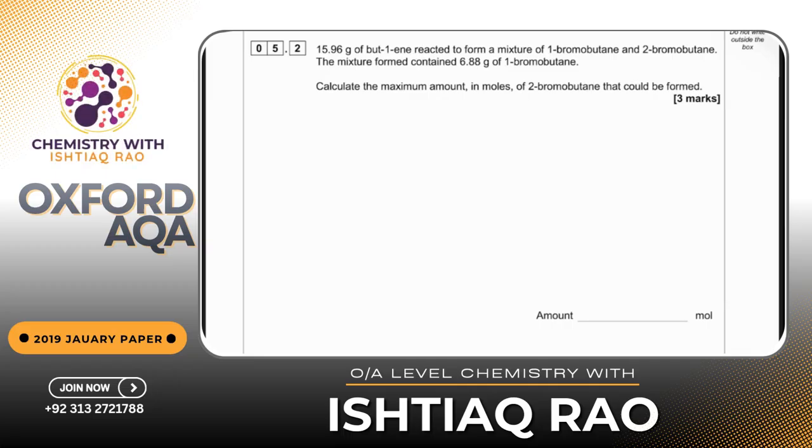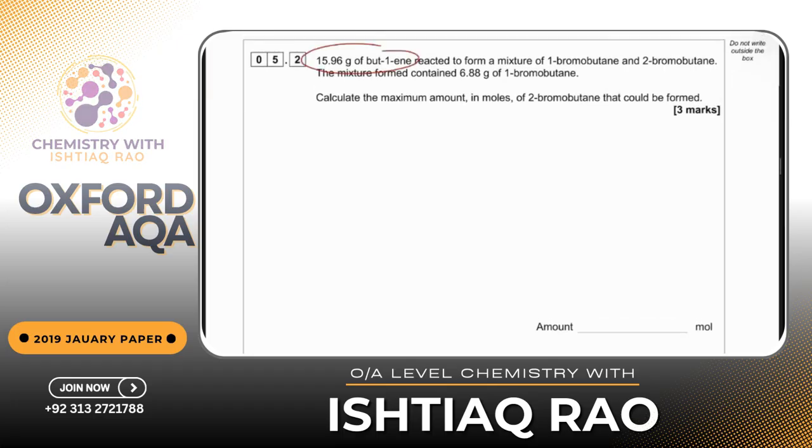So the first thing is that I have to find the moles of butene. This is the grams of butene, 15.96, and that is your reactant. So first of all, I have to find the moles of butene: 15.96 divided by the molecular mass of butene. What's the molecular mass of butene?